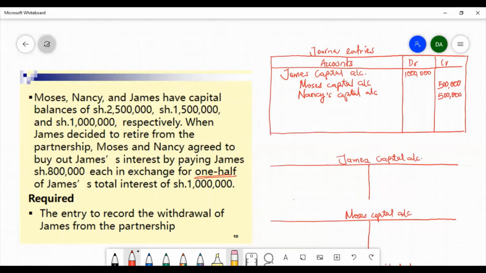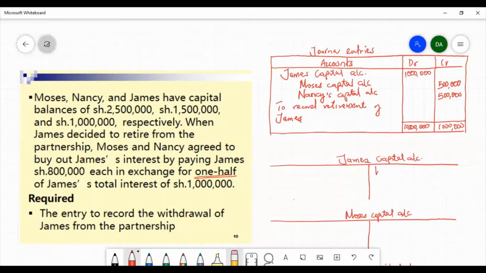The narration for this is to record retirement of James from the partnership. To record retirement of James. The total will be 1 million each. Then the transaction needs to be recorded in the partners' capital accounts.